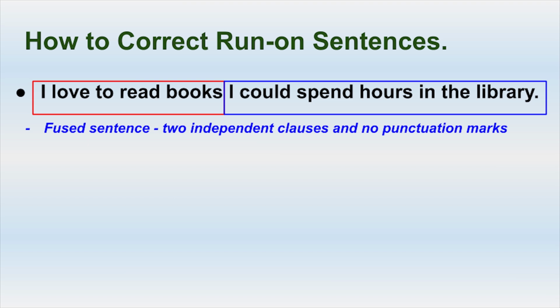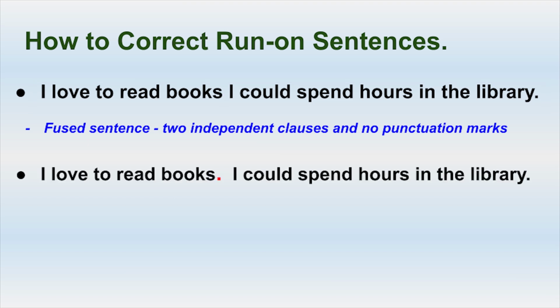To correct this run-on sentence, 1. We may separate the two independent clauses with a period punctuation mark. I love to read books. Period. I could spend hours in the library. In this case, we have made 2 complete sentences.